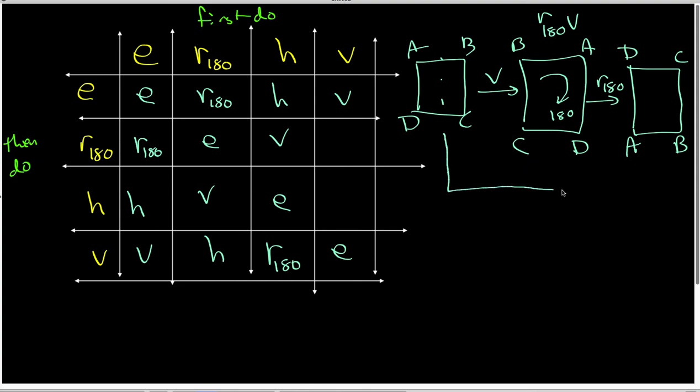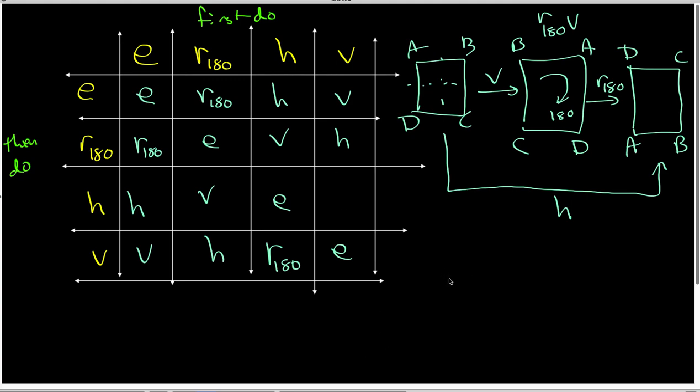Now, if I want to think about what I did to go directly from here to this picture, notice that that is really nothing more than a horizontal flip. So V followed by R180 is a horizontal flip.